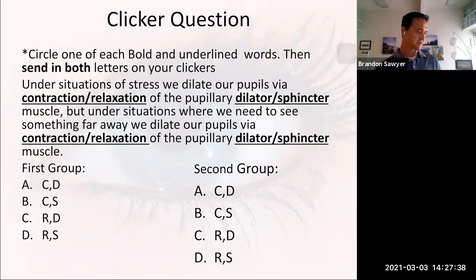Let's take a look at this. Under situations of stress, we dilate our pupils via... We were just talking about that. That's going to be the dilator muscle, right? But the question is, do we contract it to do that, or do we relax it? In this case, that's contracting it. So that's the contraction part and the dilator muscle, because we're talking about stress, we're talking about our sympathetic nervous system.